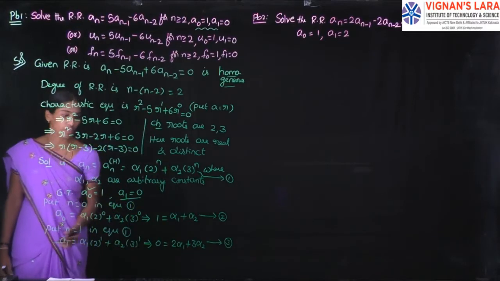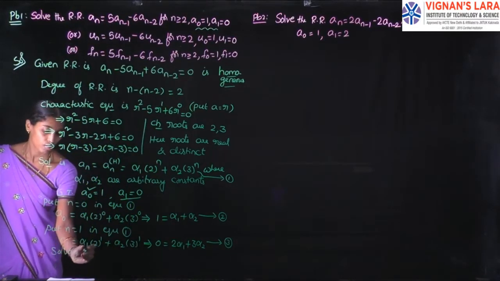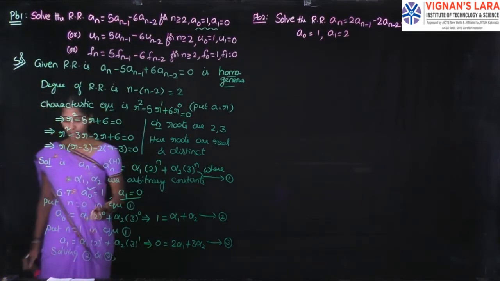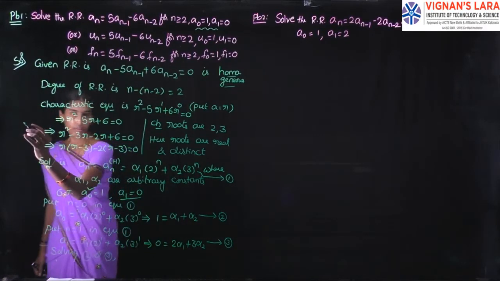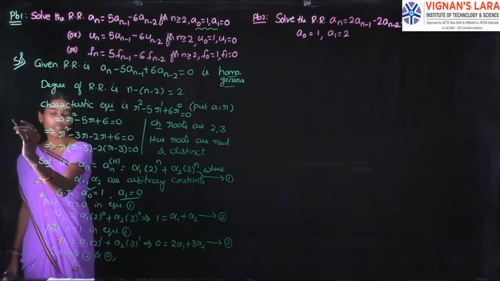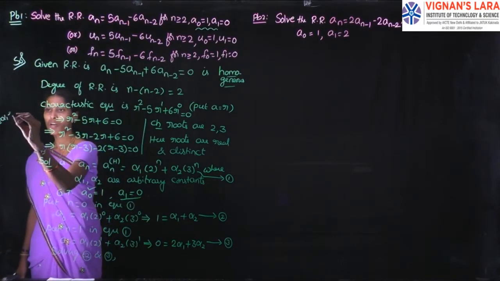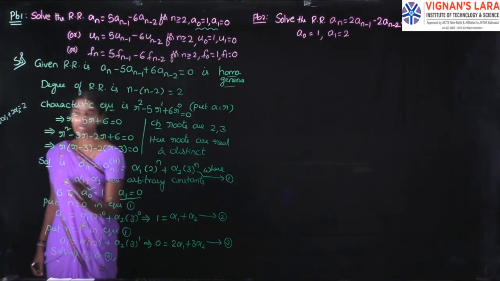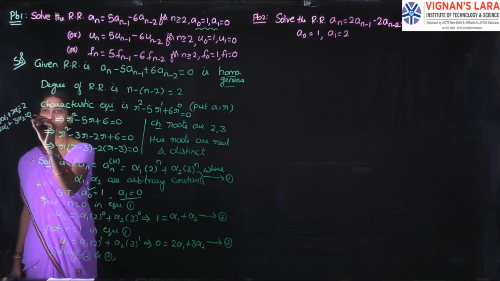Now solving equations 2 and 3, multiply equation 2 by 2, which is 2 alpha 1 plus 2 alpha 2 is equal to 2. Equation 3 is 2 alpha 1 plus 3 alpha 2 is equal to 0.